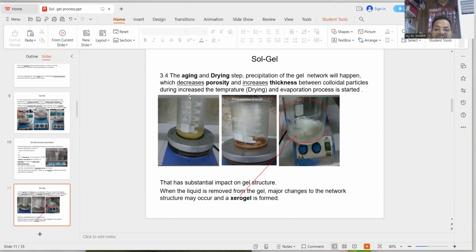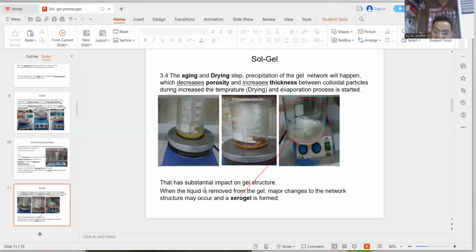And while increasing the temperature, here approximately to 300 Celsius, the evaporation process happens. By that, we have xerogel formed, like foam, from liquid to honey to be like foam.